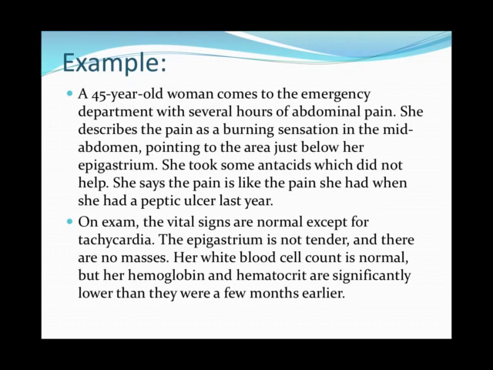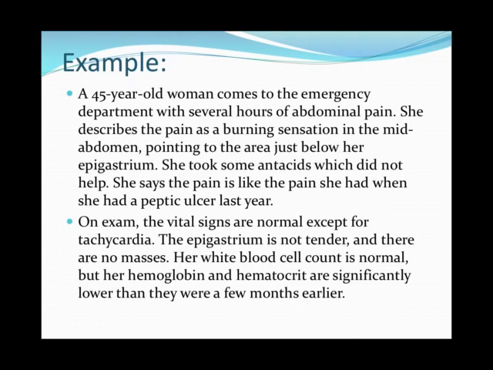She took some antacids, like Tums or Rolaids, something like that, which did not help. She says the pain is like the pain she had when she had a peptic ulcer last year. So she has an idea of what she thinks the pain is from.